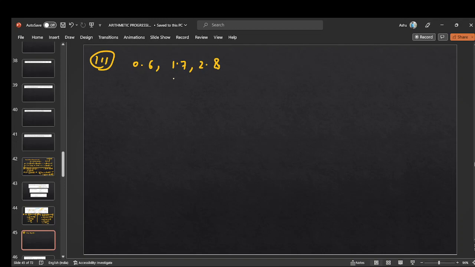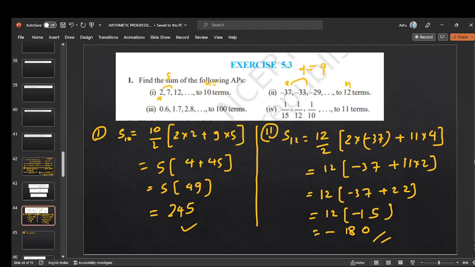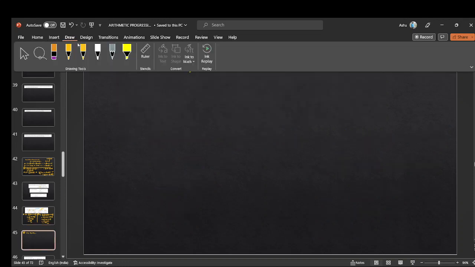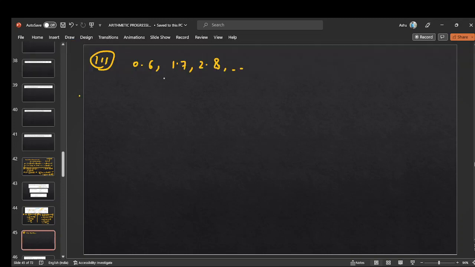We should take only 3 terms. It is mandatory to recognize the series. Clear? Then we will find it for 100 terms. Clear? Up to 100 terms.